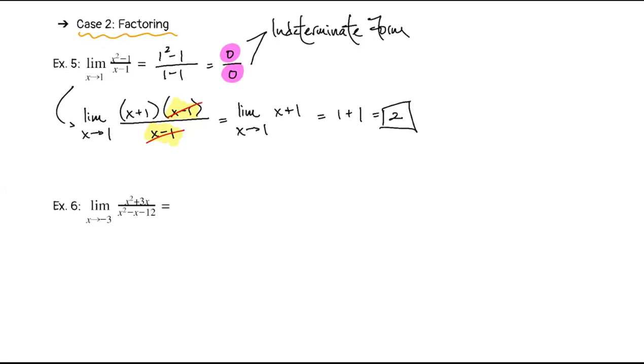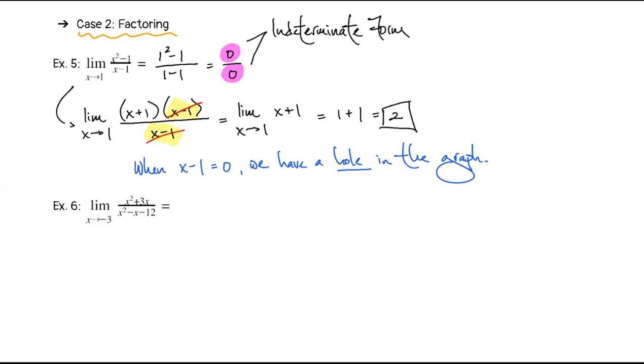Okay, so I want to go back here for a moment and just write something that is when x minus 1 equals 0. We have a hole in the graph, okay?